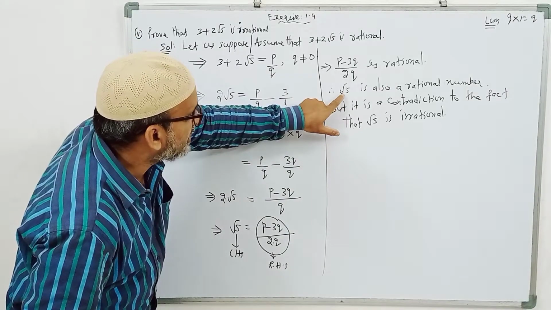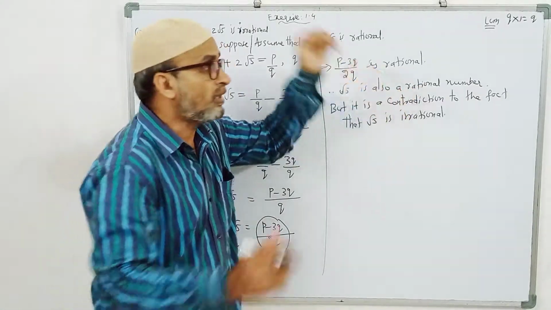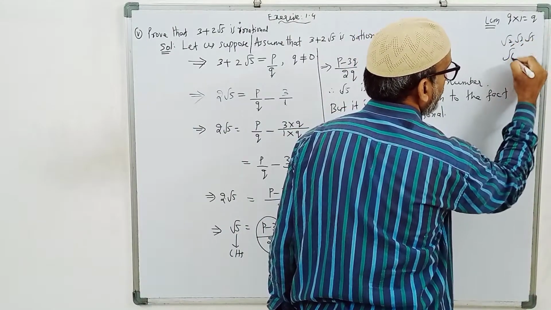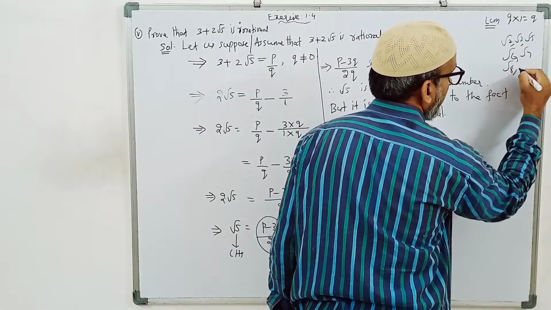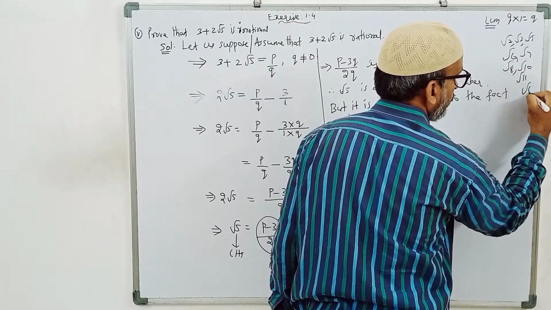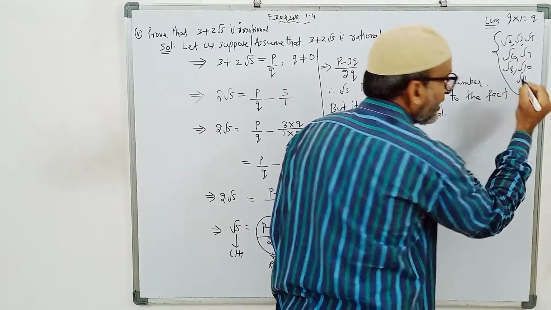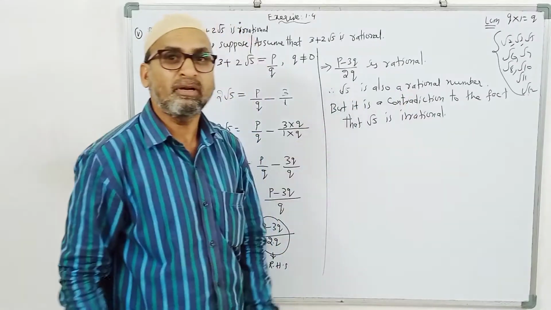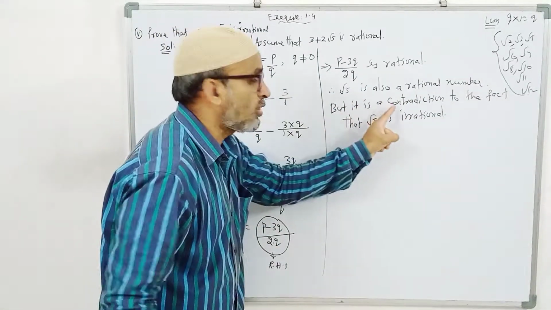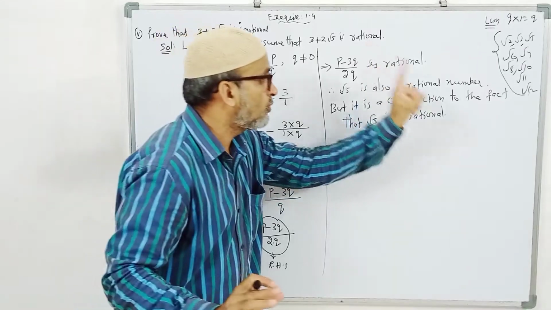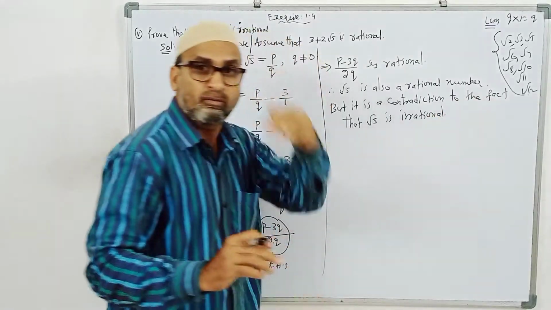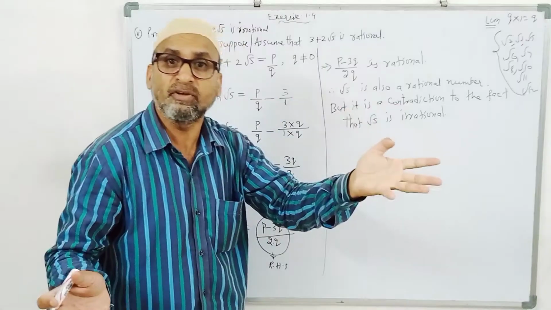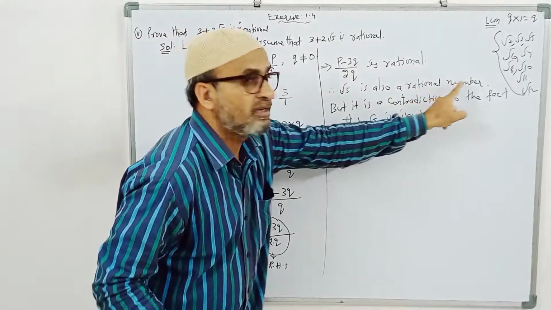We got the answer rational number, but you already know root 2, root 3, root 5, root 6, root 7, root 8, root 10, root 11, root 12, all these are irrational numbers. Root 5 is irrational, but you got a rational number. It is a contradiction, to the one truth: root 5 is irrational, but here we got a rational number.